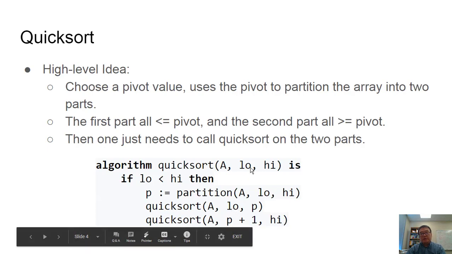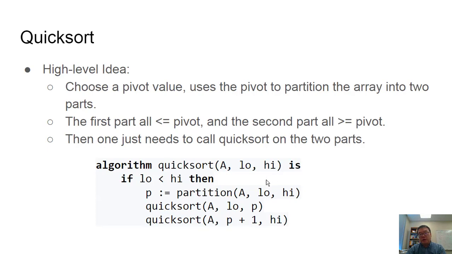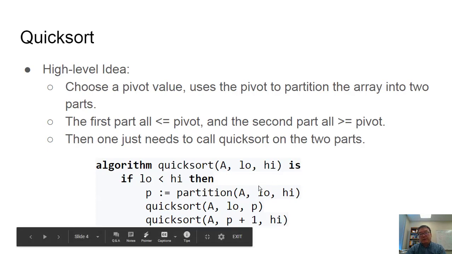But quicksort on low to high will call quicksort with low and high, which will call quicksort low high, and so on and so on. It will just keep calling itself, and low and high don't change, so we run into an infinite loop. What happens is that these function calls exhaust the stack space needed for storing the variables of each function, and then we get a runtime error.